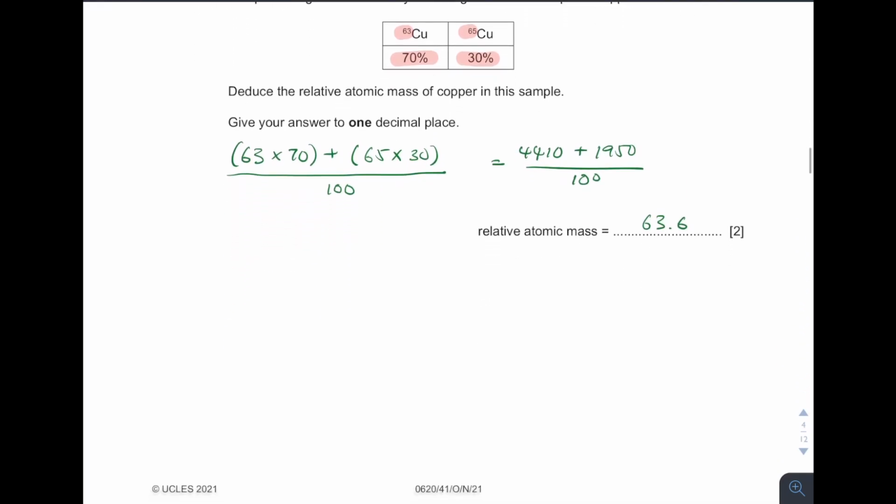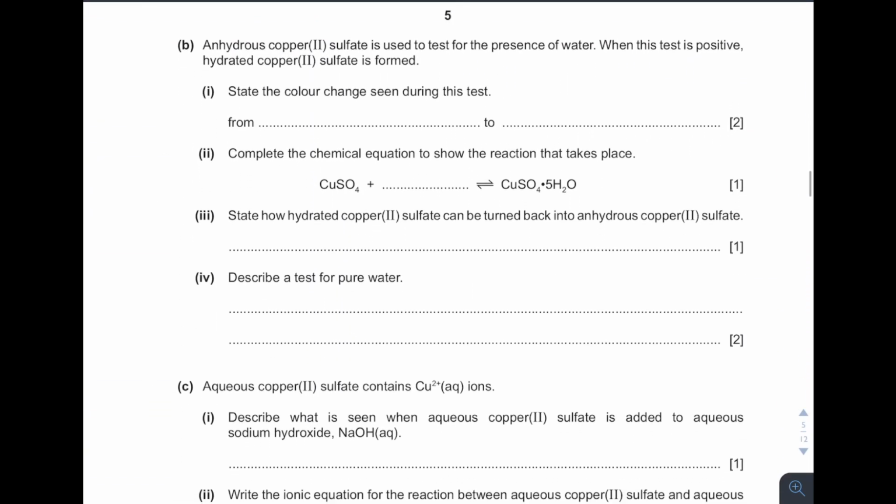Okay, next one. Given this, see, anhydrous copper(II) sulfate is used to test for the presence of H2O. So when the test is positive, hydrated copper(II) sulfate is produced. State the color change. Alright, let me see. If you test anhydrous copper(II) sulfate with H2O, the color change is from white to blue.